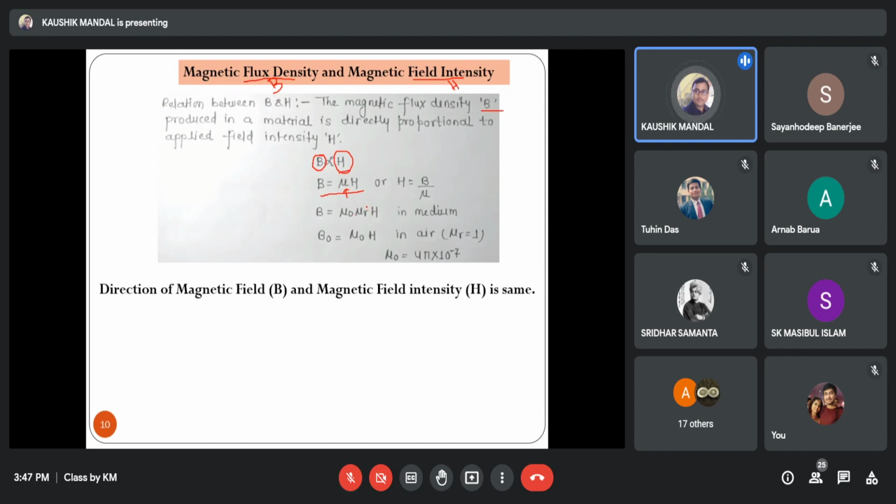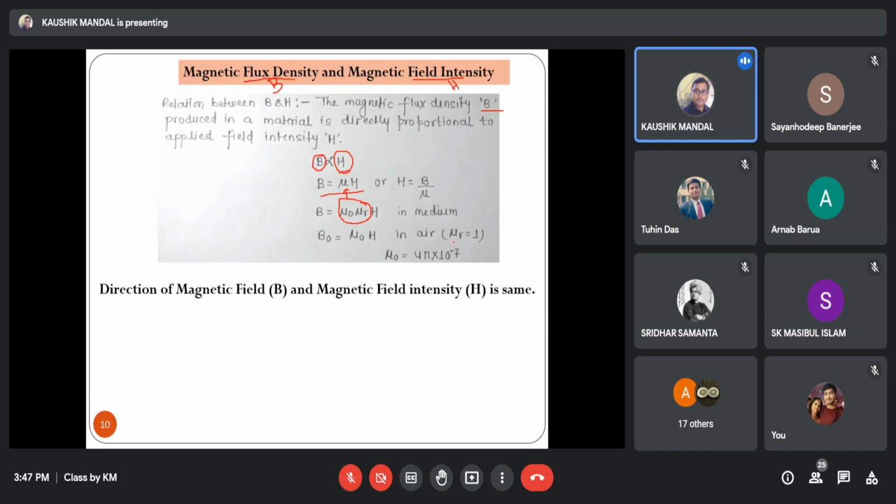Now this mu equals mu 0 into mu r. Mu 0 is the permeability of free space, and mu r is the relative permeability of the corresponding material.